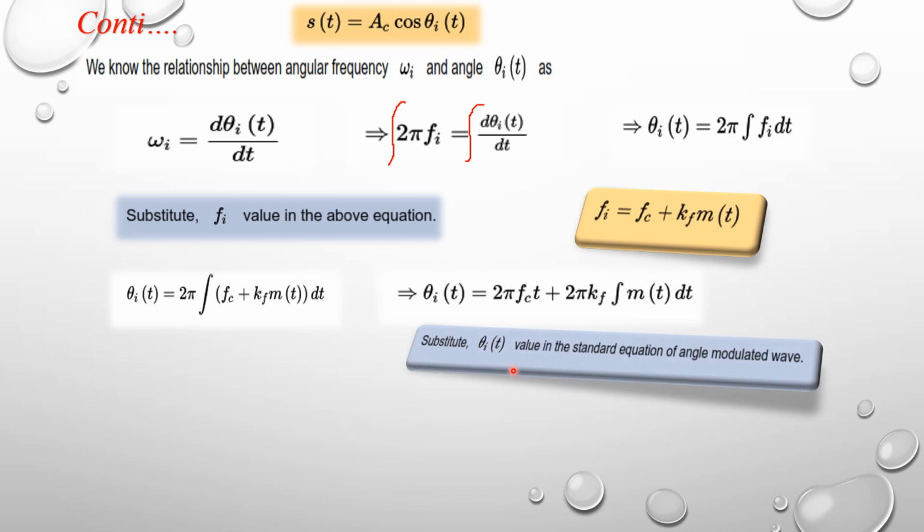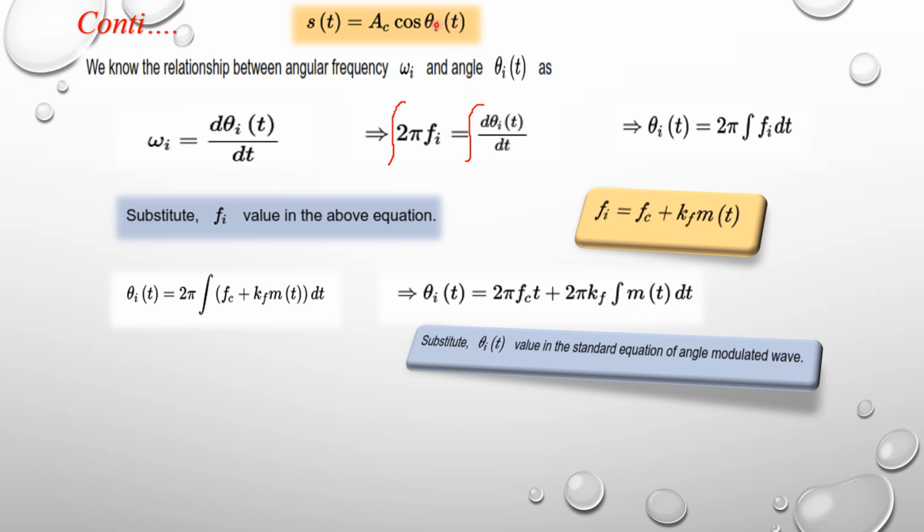Then you substitute the θi(t) value into the standard equation of the angle modulated wave, s(t) equal to Ac cos θi(t). Now we know the value of θi(t): it is equal to 2π fc t plus 2π Kf times the integration of m(t) dt.